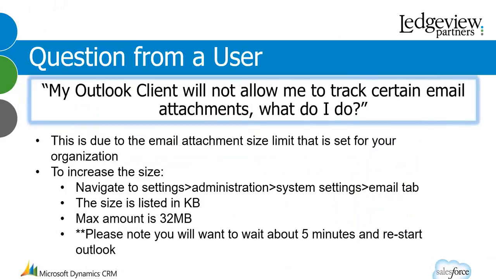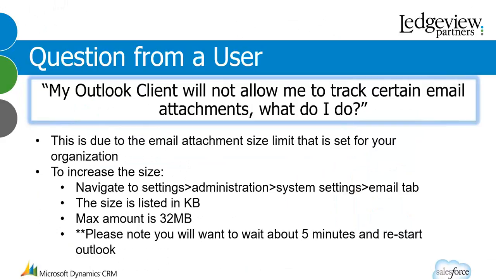Our next question is, my Outlook client will not allow me to track certain email attachments. What do I do? Most of the time, this is going to be due to the email attachment size limit that's set for your organization. Simply increase the size, and you'll be able to track this email with the attachment. Note the max amount is 32 megabytes.